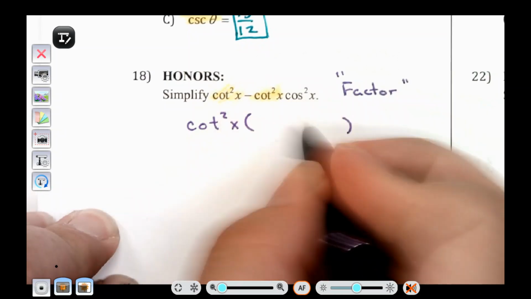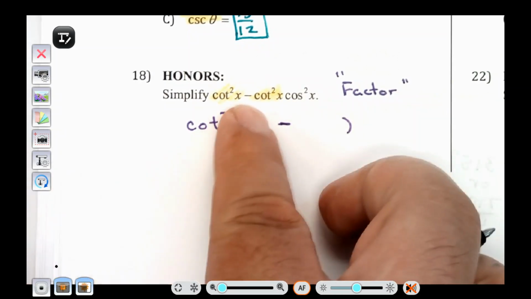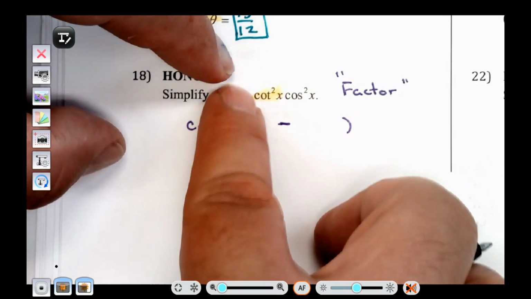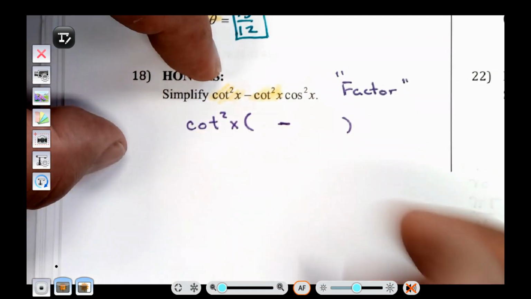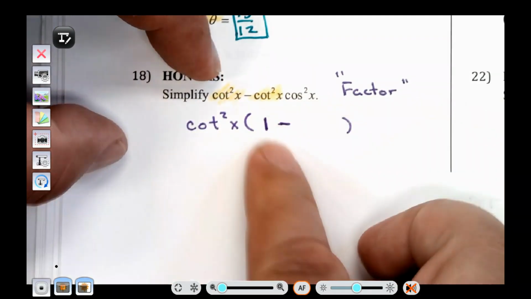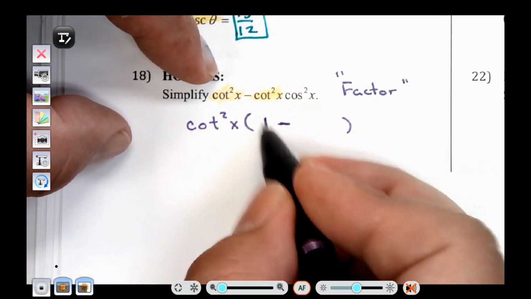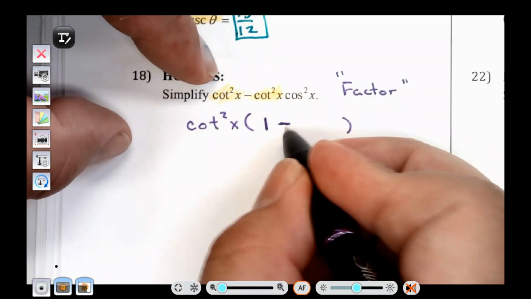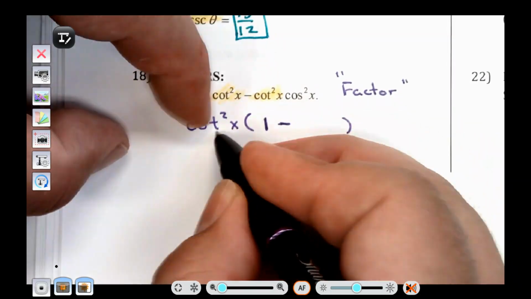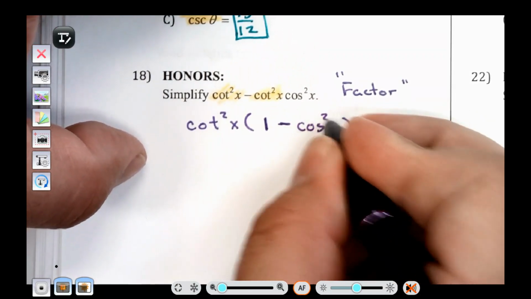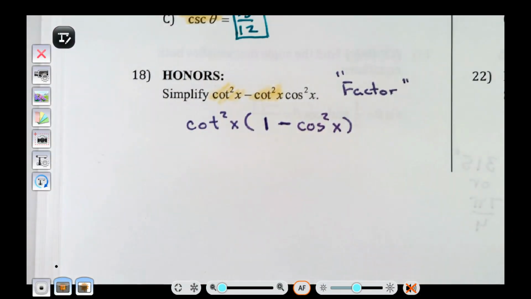But don't forget, there is a minus sign. You can't just ignore that. There is a minus sign. So I do need something in front. So if I took out the cotangent squared, then you have to at least put the number 1 here. Remember, you should be able to multiply it. This times this is this, minus, well, here I took out the cotangent squared, leaving me with cosine squared x. All right, so there's our first step.